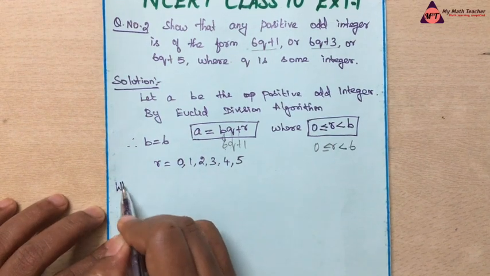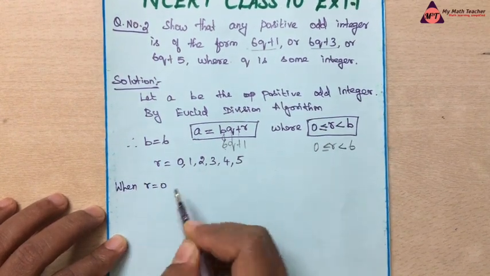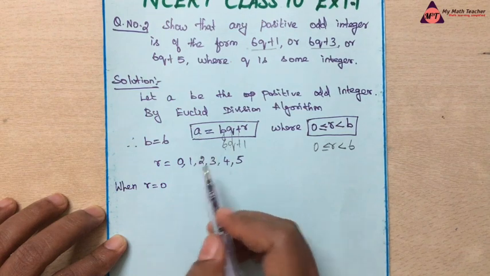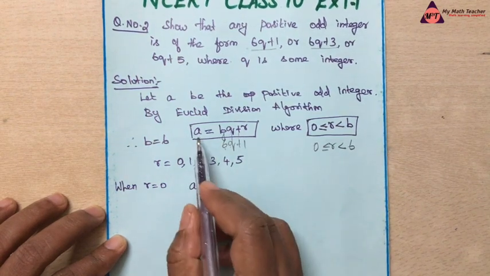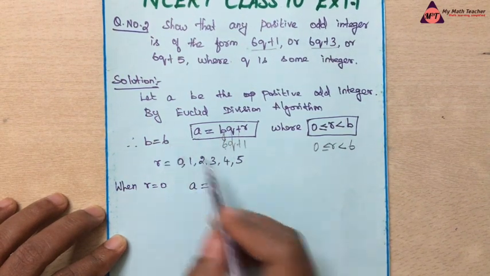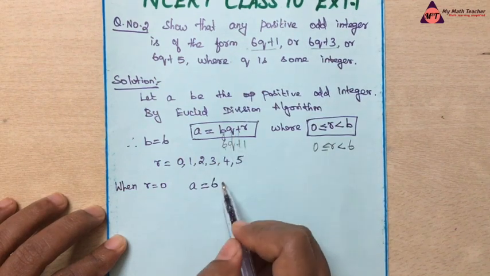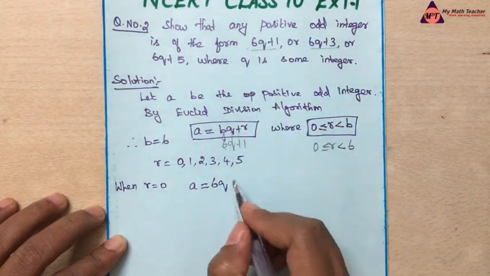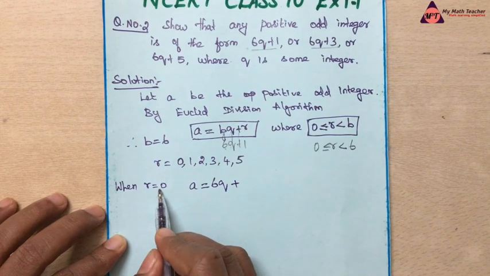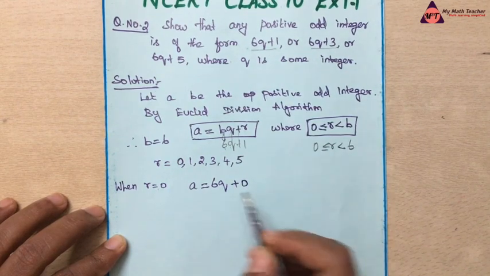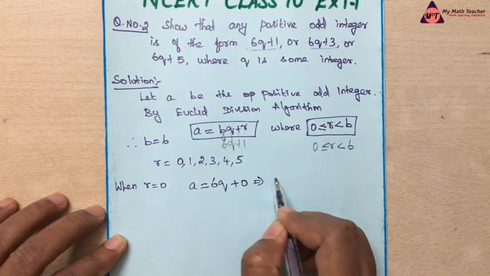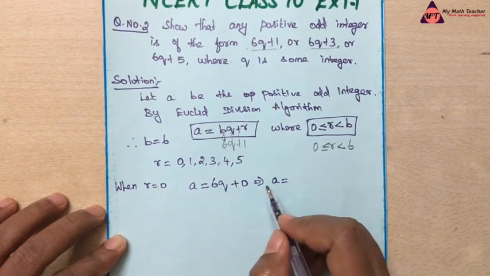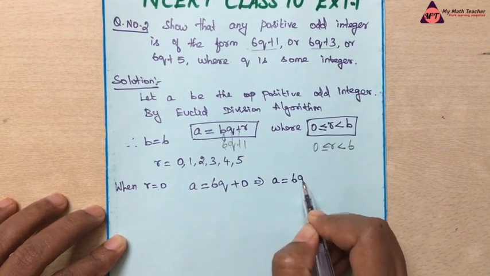When r equal to 0, what happens? a is equal to b. What is b value? 6. q is some integer. Plus. What is r value? We have taken the first one 0, which is a is equal to 6q plus 0 is simply 6q.